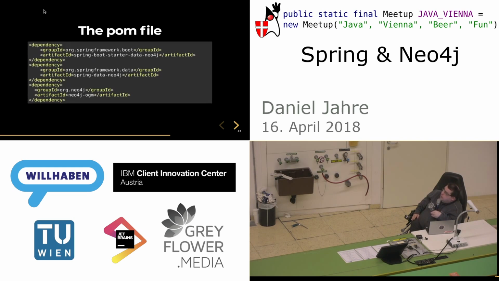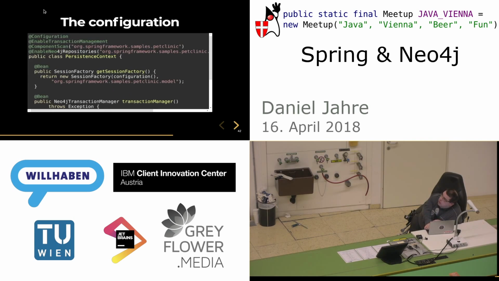So this is how it looks in the POM file. Nothing unusual there. And this is the configuration. It looks very much the same like on Dominic's slides. Apart from that, it's enable Neo4j repositories.